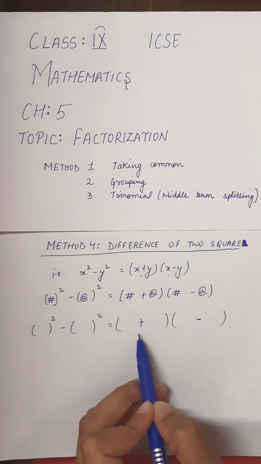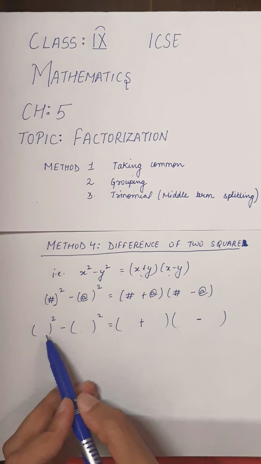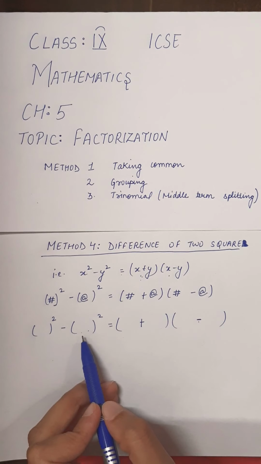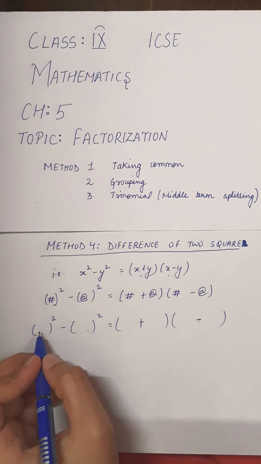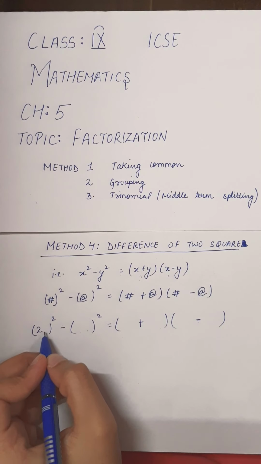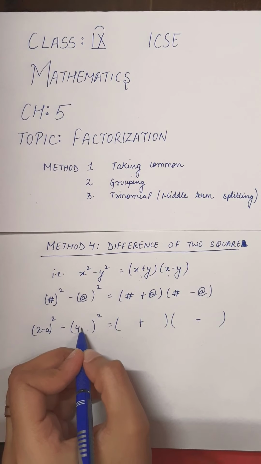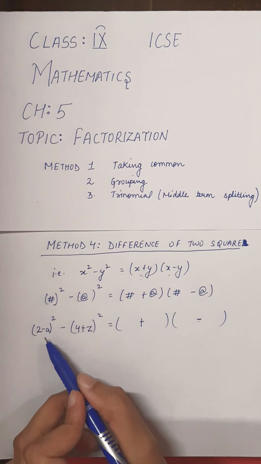So ultimately we are going to write the sum of both of them, whatever is there inside the brackets, and the difference of both of them. For example, I'm writing here say 2 minus a, and here 4 plus z. It does not matter what is written inside the bracket.